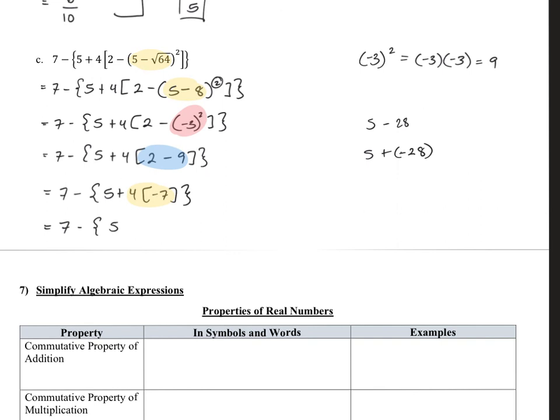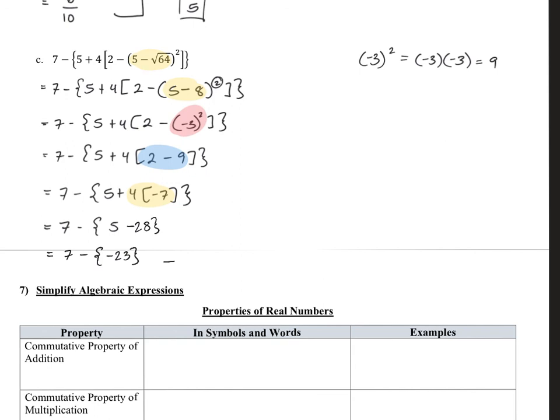Both will come out with the same thing, so they're both okay. So we have 5 minus 28, which is going to be negative 23. Okay, let's go ahead and continue.